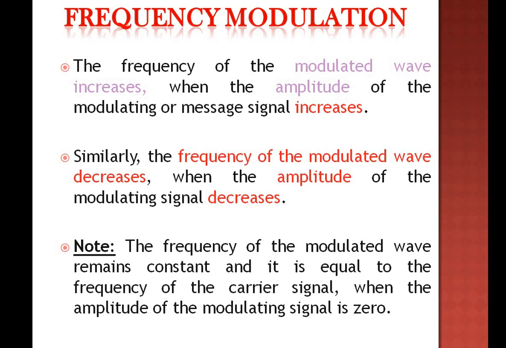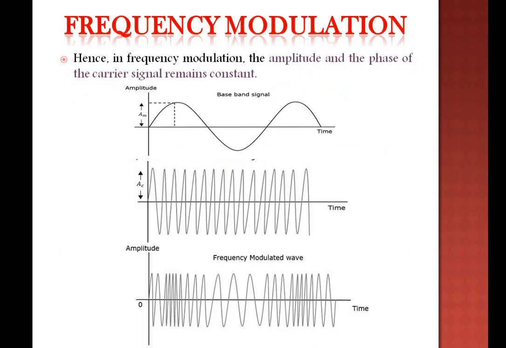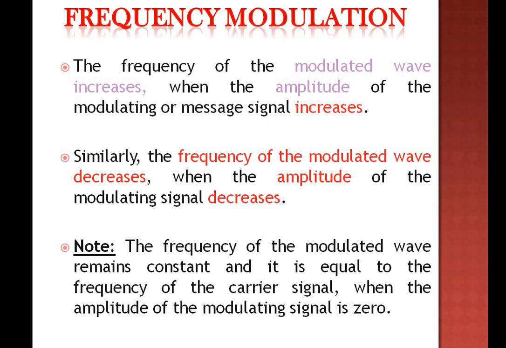It will be constant. Frequency means this part. This will be constant, because if your amplitude is 0, the carrier will not be changing at the modulation. It will remain constant, the same as your carrier wave. This is the important thing. I hope you are clear with frequency modulation and its waveforms.